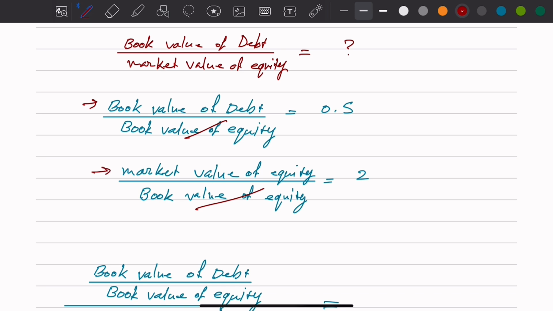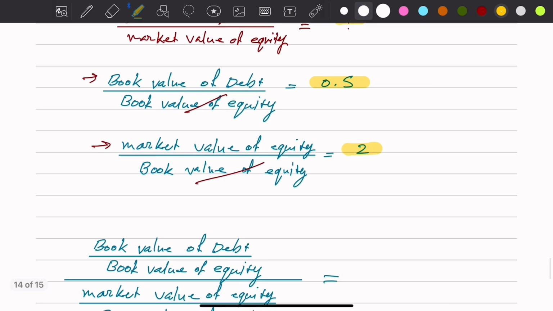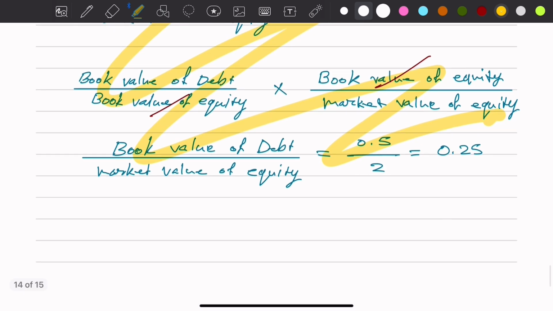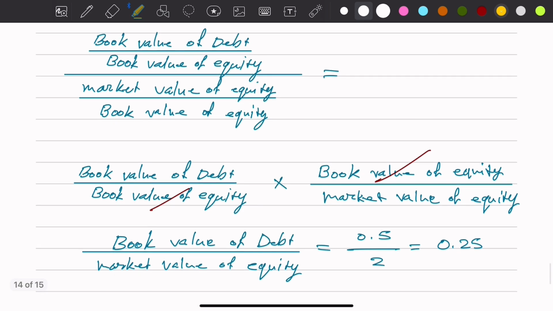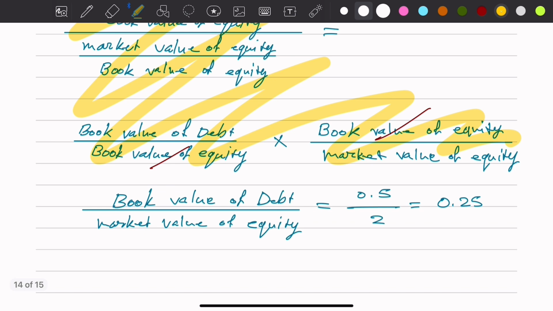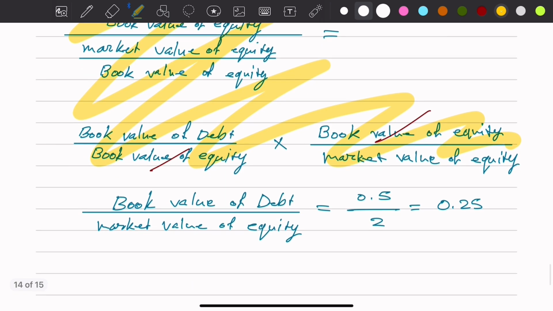So we can take these two and divide them by each other, and we should get the answer for our ratio. Again, you don't have to do all of this work to prove it, but as long as you understand how we got to the conclusion that since these two ratios are given, we can divide them by each other and they should answer the question, which is what is the book value of debt to market value of equity ratio? And the answer is 0.25.